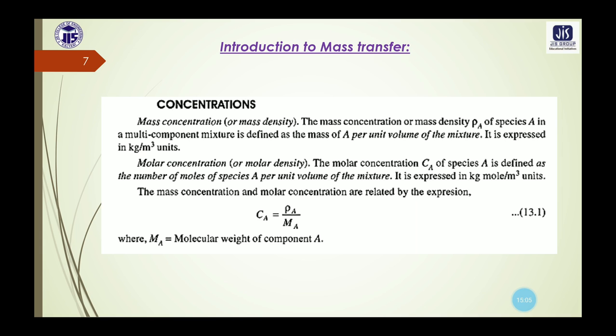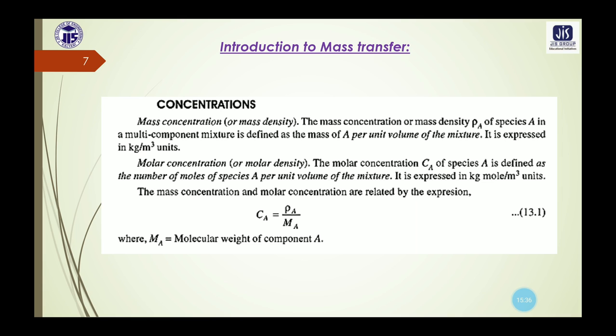So now let us discuss these concentrations. First, the mass concentration or mass density, denoted by rho A for the species A in a multi-component mixture. It is defined as the mass of species A per unit volume of the mixture, and the unit is kg per meter cube.